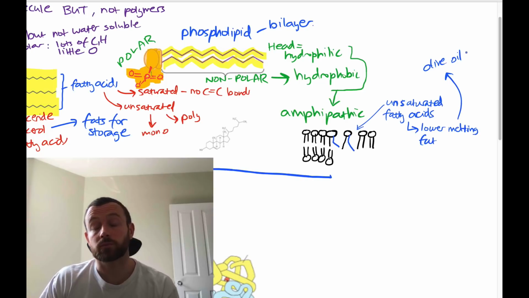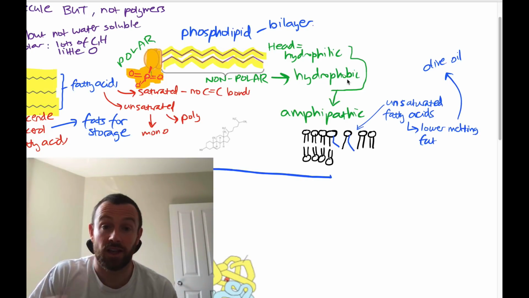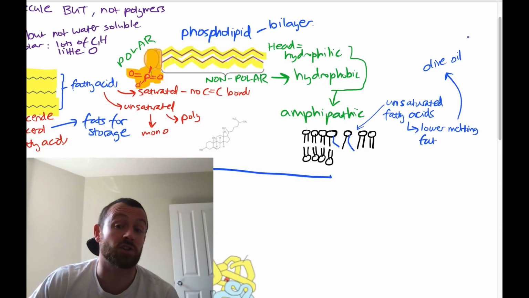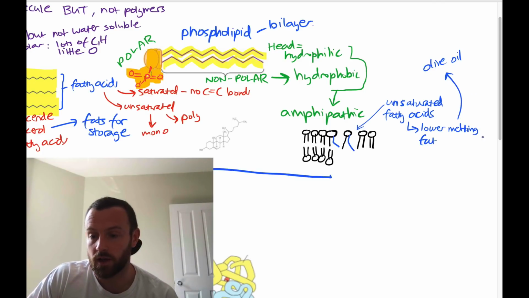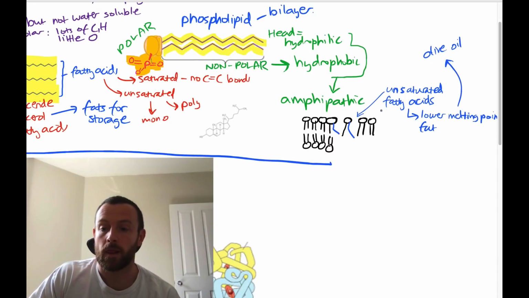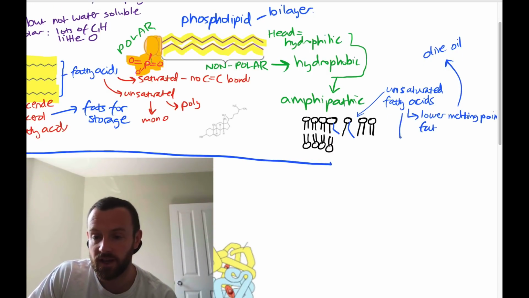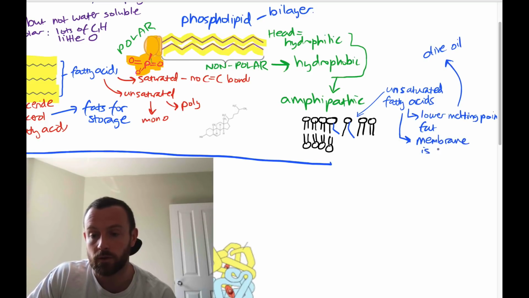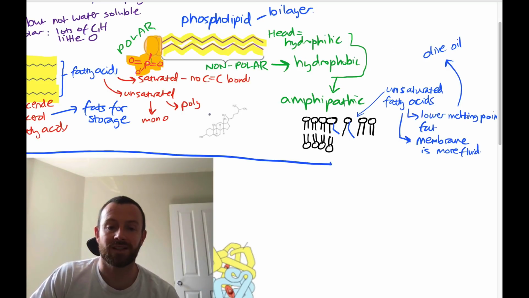Olive oil is a liquid at room temperature. You know, other vegetable oils as well. Lower melting point. And if it's in a membrane, the membrane is more fluid. Okay, so that's the main difference between saturated and unsaturated. Unsaturated have these kinks in the tail, like so.